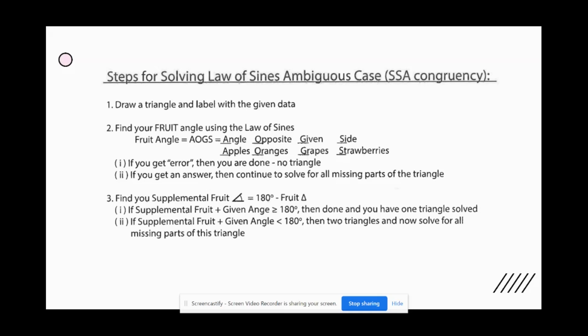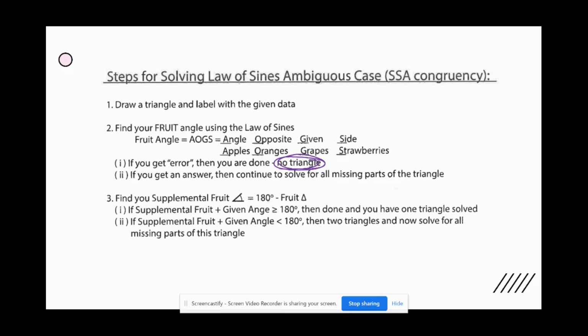If you get an error, that's the first thing, then you know that there's no triangle. If you get an answer, then you need to continue to solve for all of the missing parts of that triangle. So now you find the supplemental fruit angle.